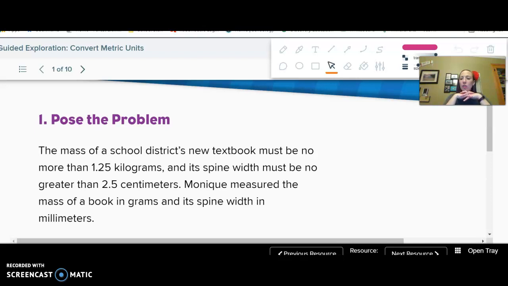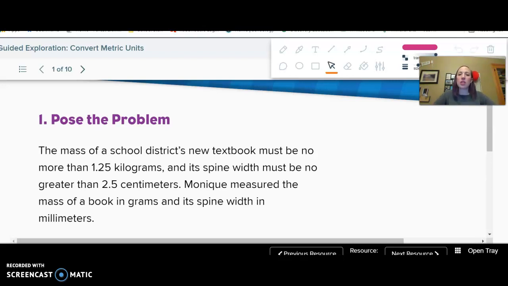Right? 12.2, convert metric units. So hopefully by the end you'll be able to say I can convert metric units of measure. Now, like I said, metric units are what they use in most other countries in the world. It focuses a lot on different prefixes that go with the same base unit.